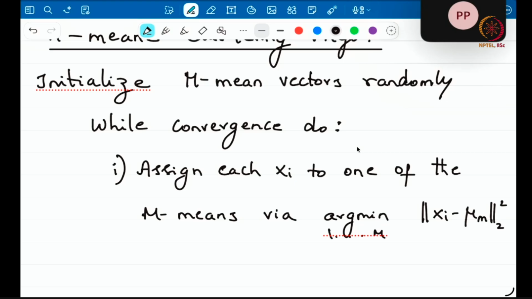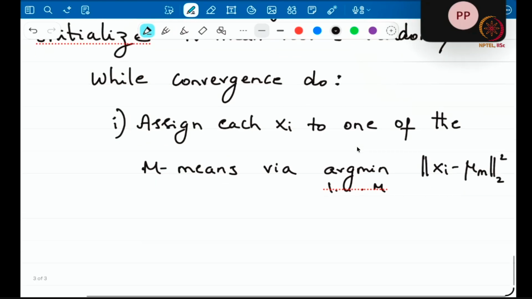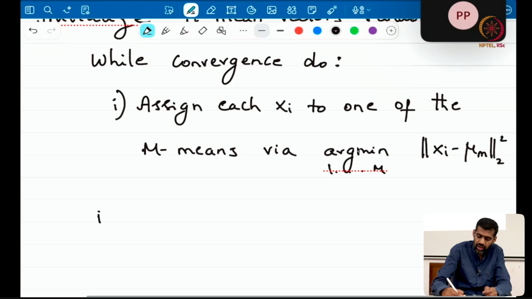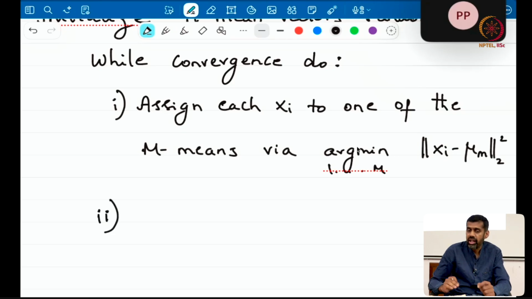Calculate the distance of the data point under consideration from all these M means, look at the one that is the closest, and you assign this data point to that particular mean. Do you see this? This is the first thing. So, what do we have right now after the first step? Every data point in the data set is assigned to one of the means.